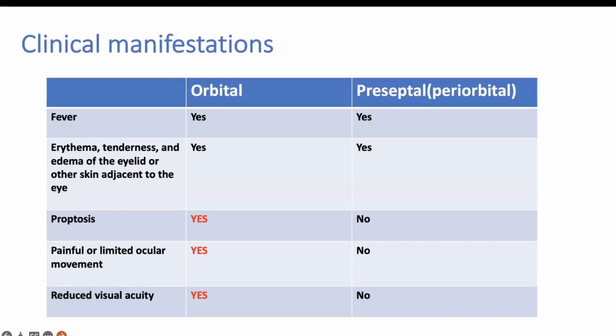Okay. So we talk about the clinical manifestations. Fever can present in both. Erythema, tenderness, and edema of the eyelid can present in both, but proptosis, painful ocular movement, and reduced visual acuity are only with orbital cellulitis.